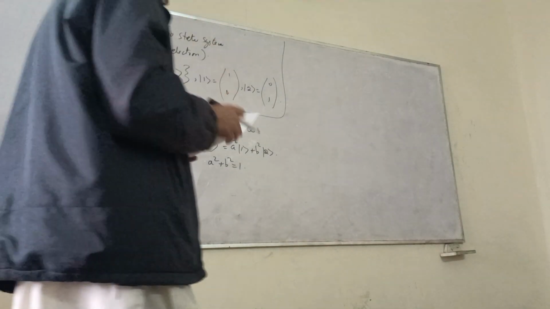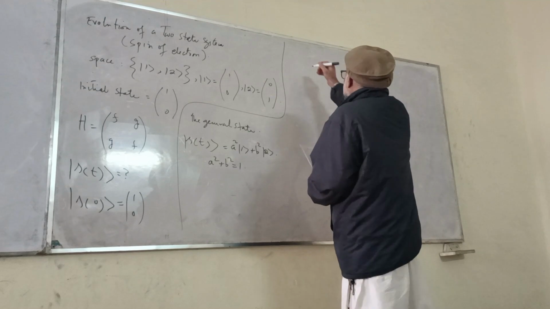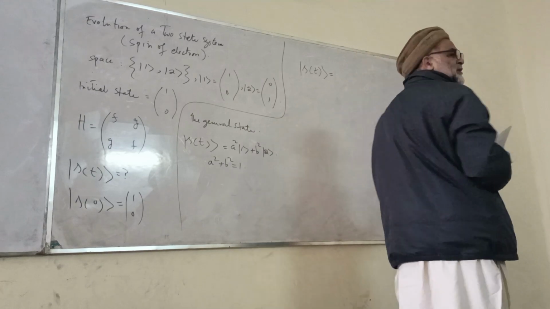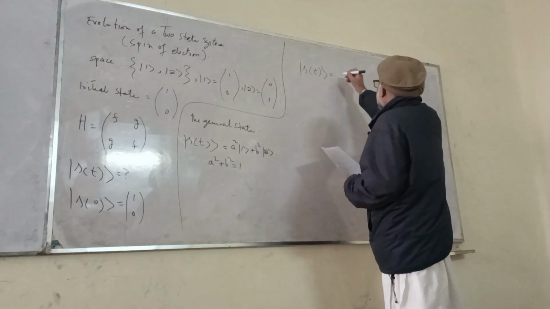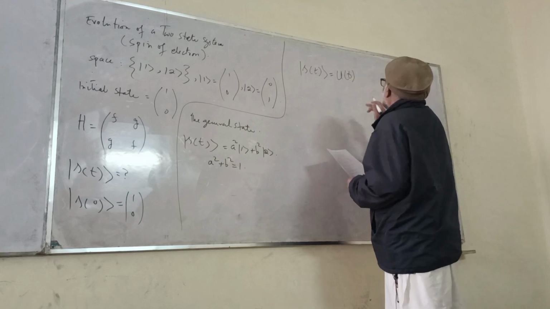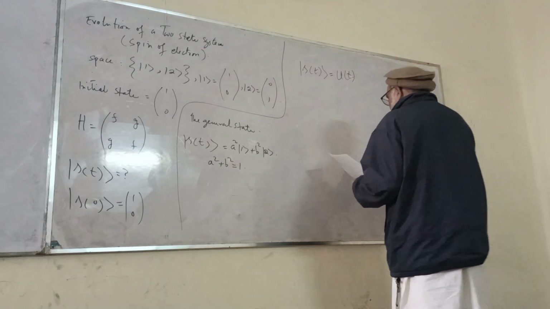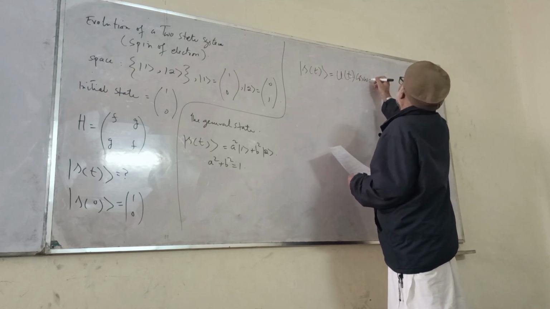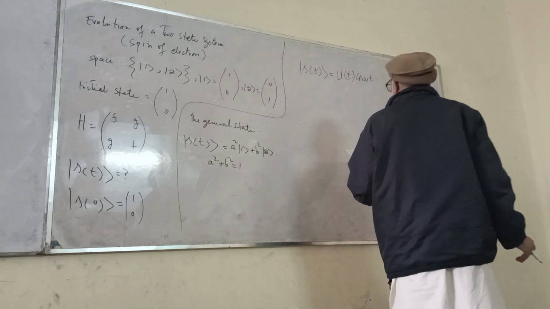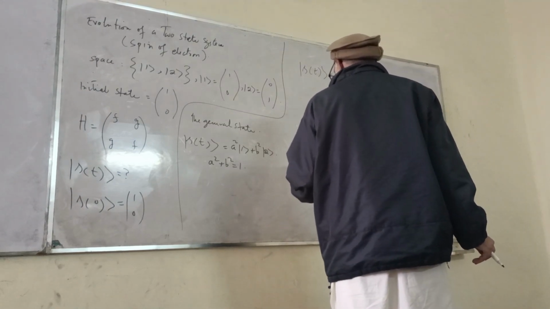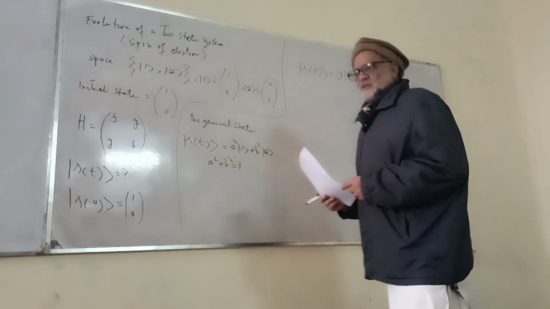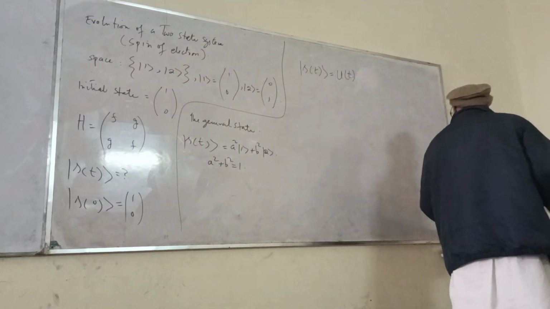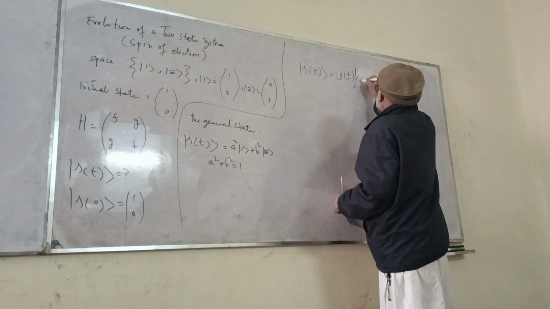The final state, the state at some time t, was equal to applying the propagator on S of 0.